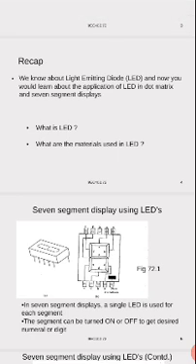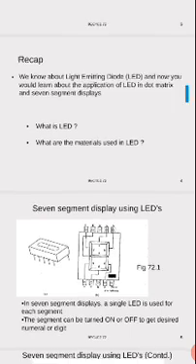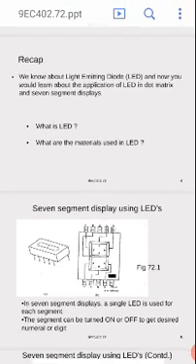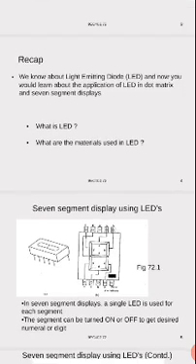In 7 segment displays, a single LED is used for each segment. The segment can be turned on or off to get desired numeral or digit.